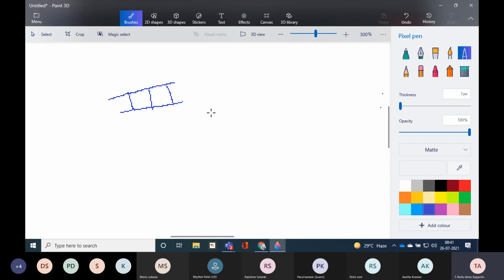So this is a ribbon-like filament, which seems like a ladder. Now what happens in the second stage? It divides into fragments. Fragments means it will divide into smaller fragments, like smaller ladders, we can say. 1, 2. These are 2 fragments of this one. This is a whole Spirogyra body, a ribbon-like body.